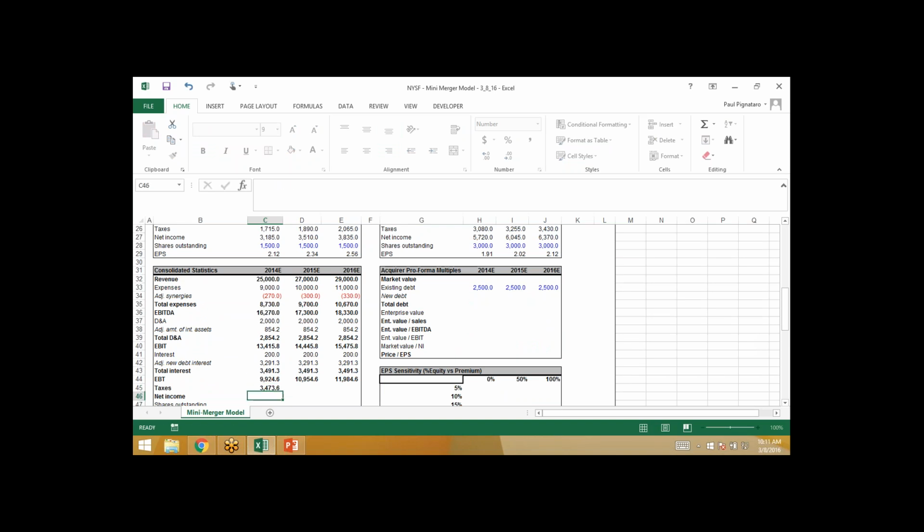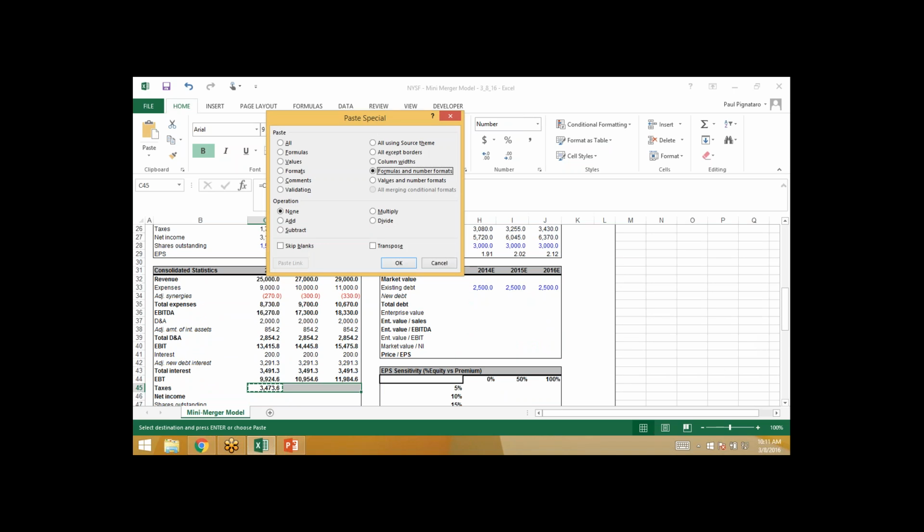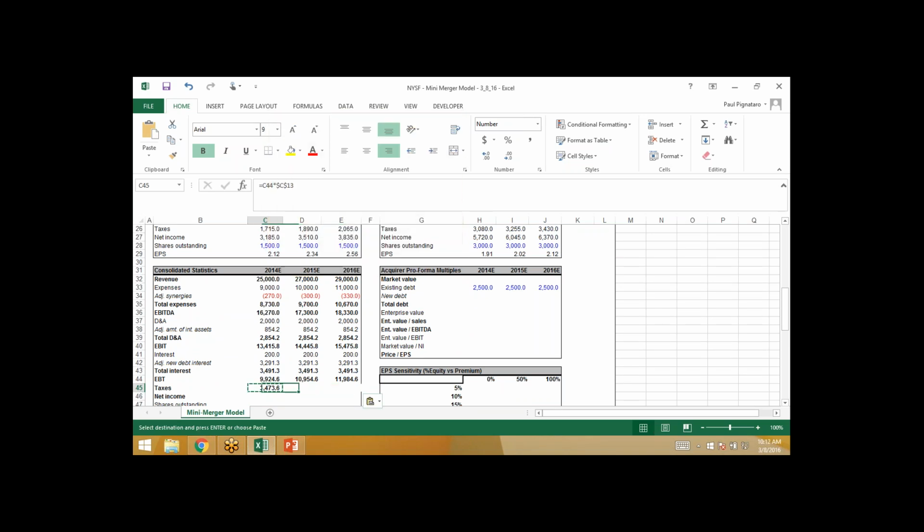We can anchor the reference to tax rate, copy to the right. Oops.